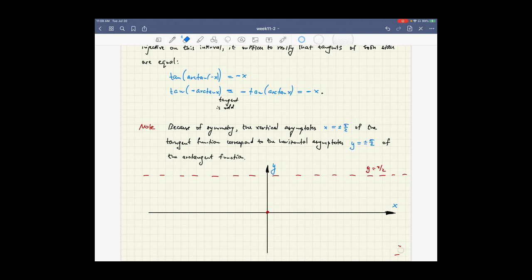So somewhere here is pi over 4, taken at value 1.